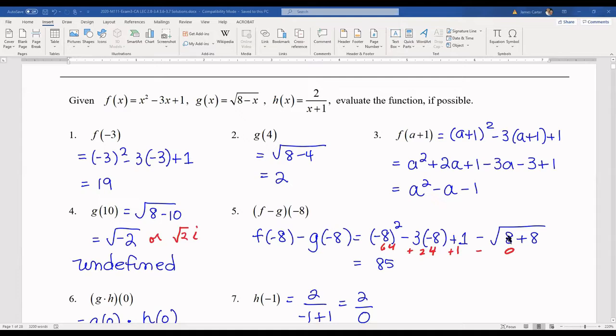So we replace the x with -8, and we get 16. Oh, I need to fix that.